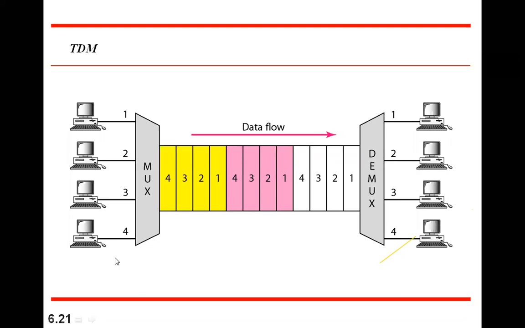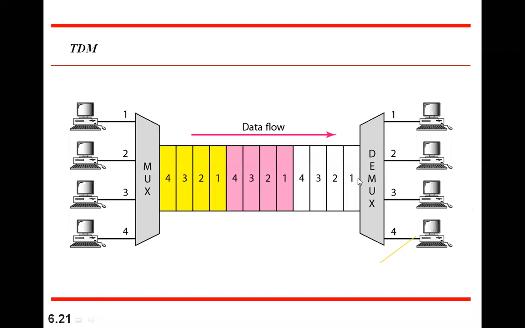Once all of these are over, the first user gets his turn again, then the second user, then the third user. You can go on allotting like that, but for simplicity, assume round robin. All of them get the entire channel in turn. At the receiving end, each time slot is already allocated to a user.